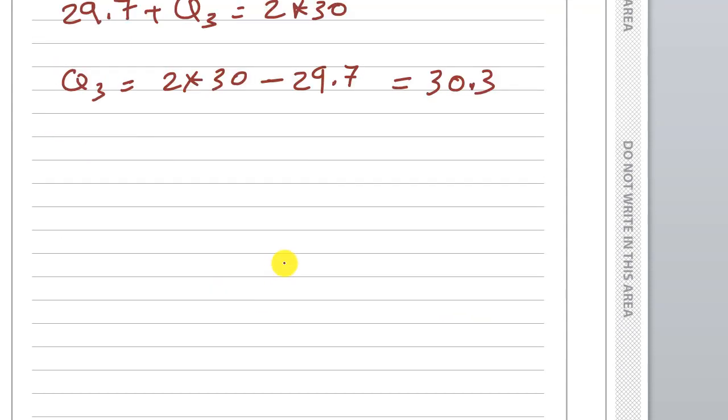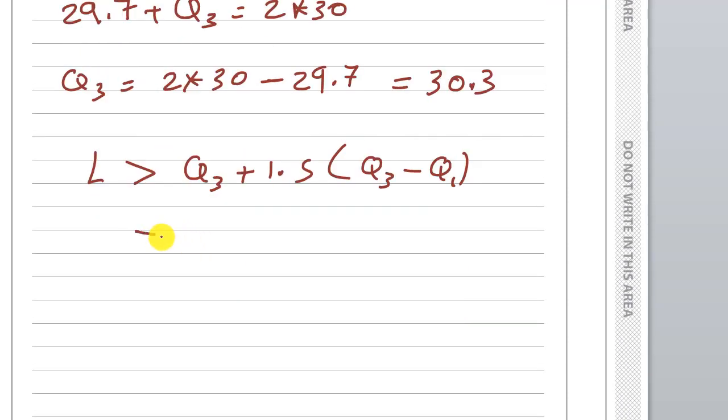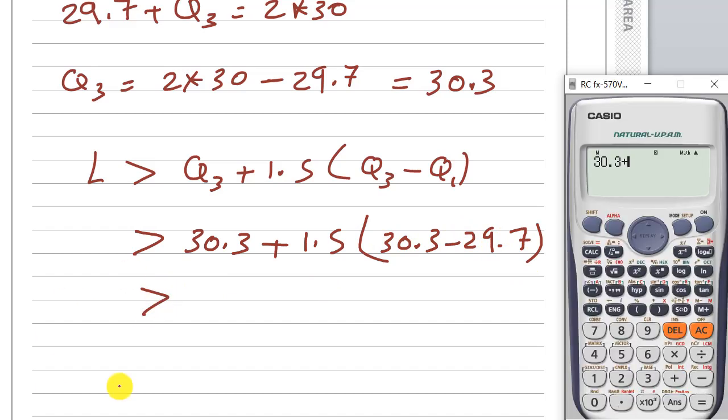So now L bigger than Q3 plus 1.5 multiplied by Q3 minus Q1. So it's bigger than 30.3 plus 1.5 multiplied by 30.3 minus 29.7.